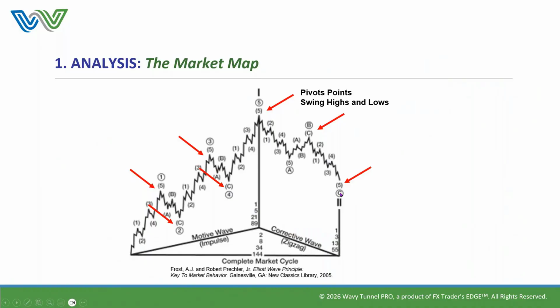I'm going to show you my market map using the Wavy Tunnel Pro structure, and I use this to identify where we are. For example, I know that if we're on this side of the trend, I can anticipate a big move down. And notice how all of these patterns in this complete market cycle are familiar to you. At the end of every swing move, we have head and shoulders patterns, reverse head and shoulders patterns. This is probably very familiar to you.